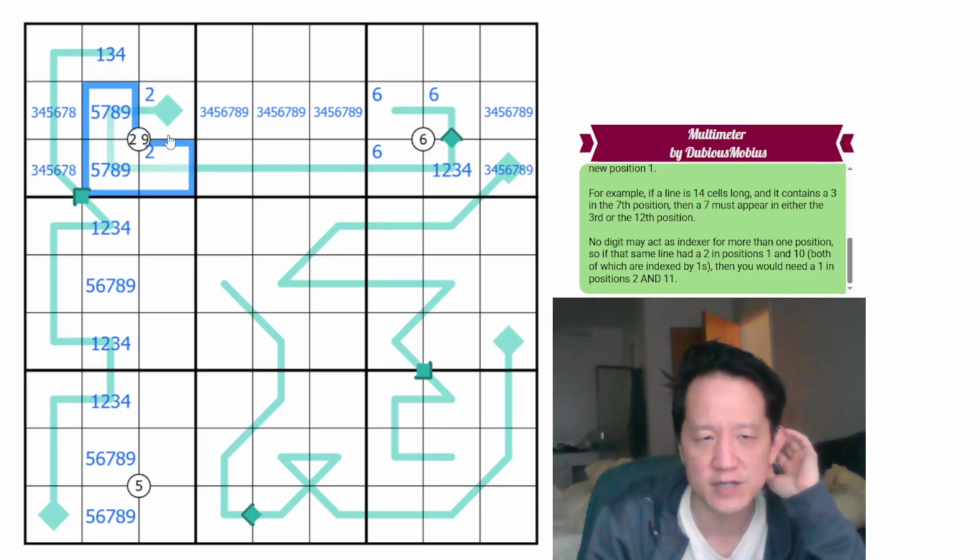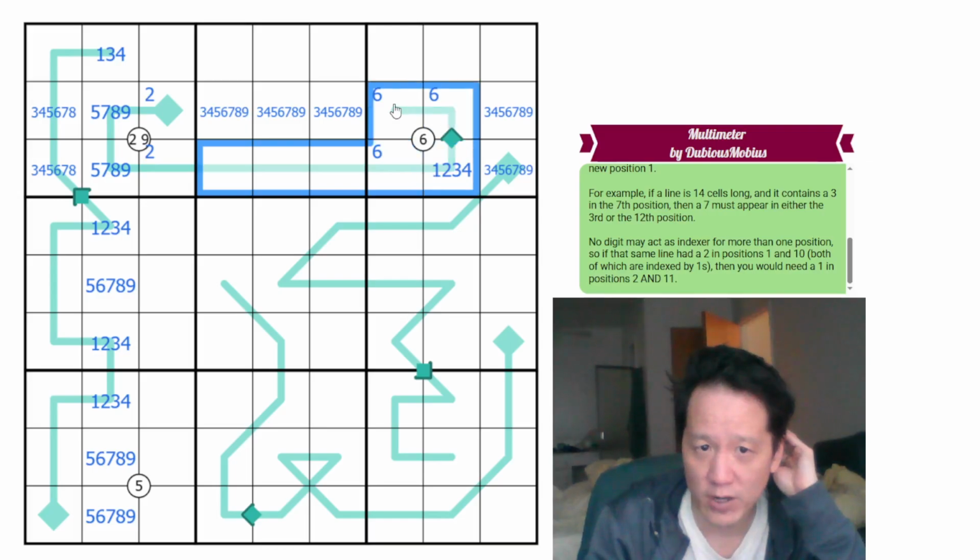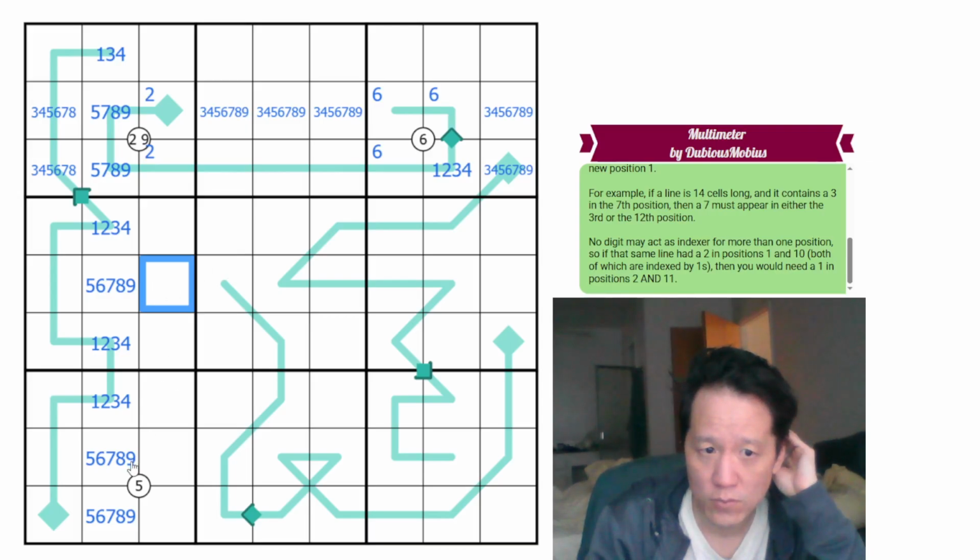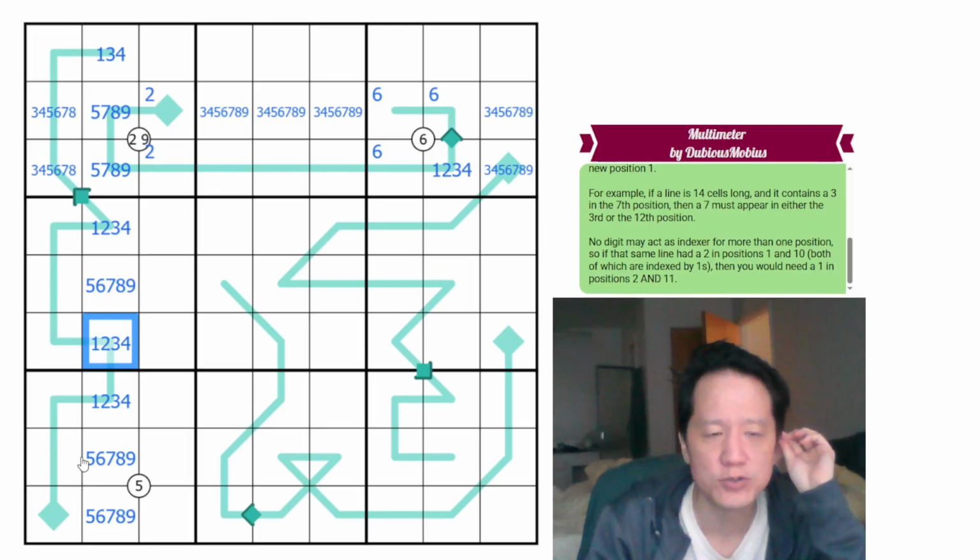So one of these has to be 9 here, which means 9 cannot be anywhere else on here. This is the 5th position with 1, 2, 3, or 4. 5 cannot be any of these 4, so 5 can only be one of these 3.